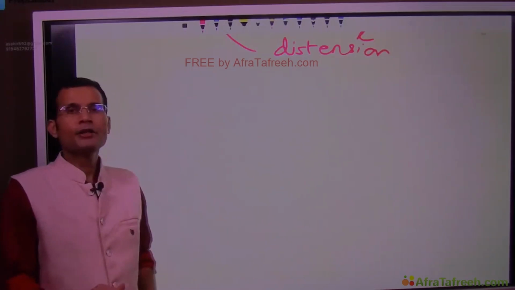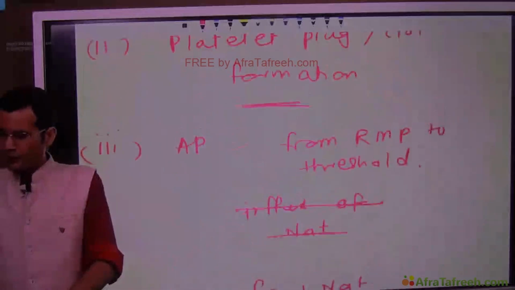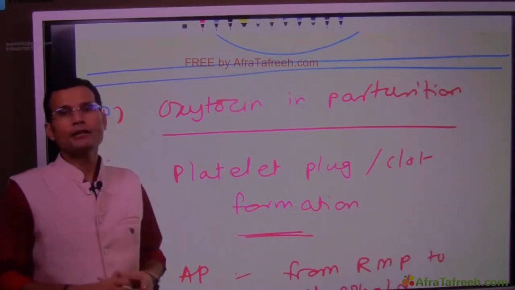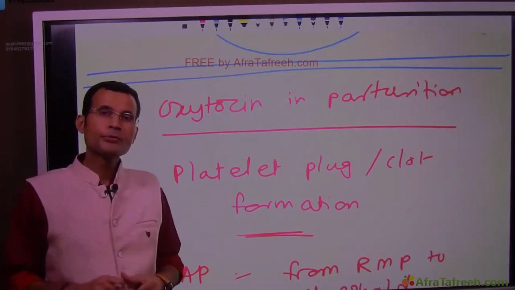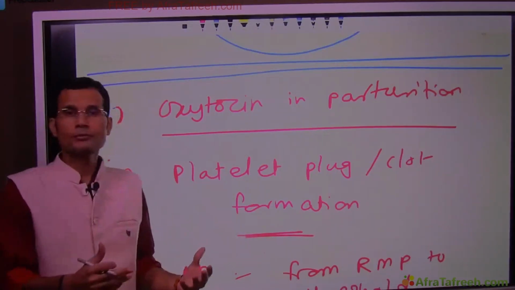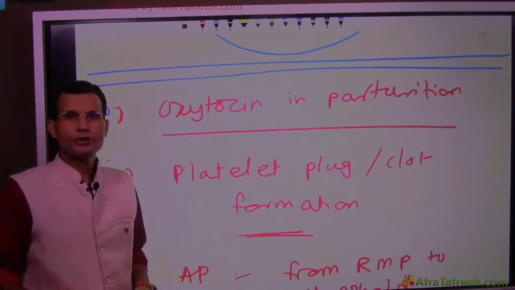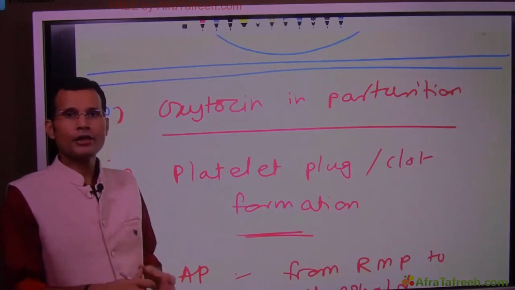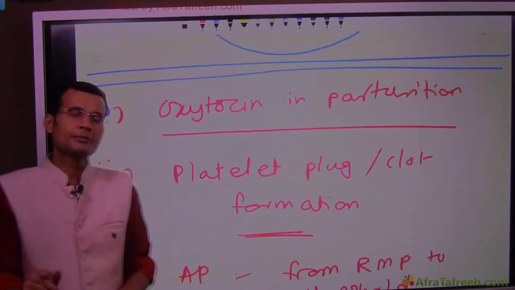And the second point that I need you to understand is that all the positive feedback processes can be considered as a part of a larger negative feedback process. Let me explain how. Look, oxytocin in parturition is a positive feedback mechanism that is working for the sake of delivery of the child. Correct. But think about it like this.